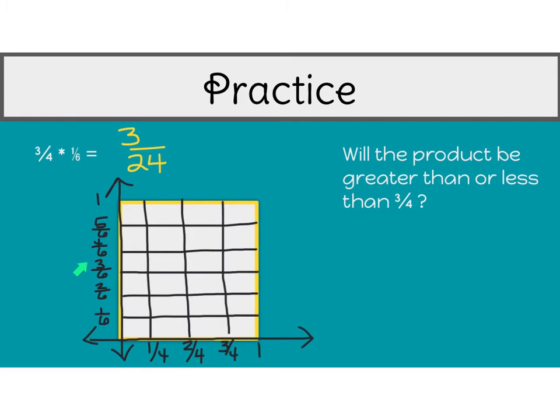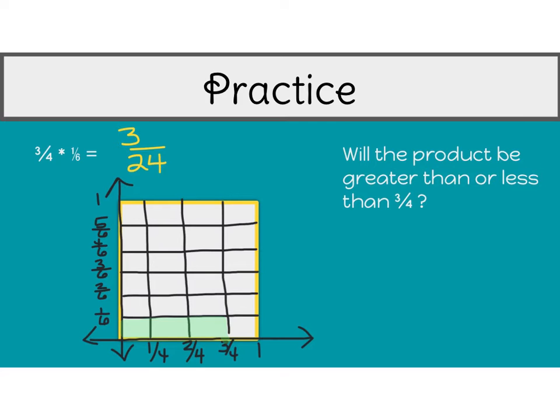And then along this side, I divided it up into sixths since our second fraction or factor has a denominator of 6. So then we would go about taking a look at what would we shade in, right? So it's 3/4, so I'm going to locate 3/4 and I'm going to go up 1/6, and then I would shade in this section.